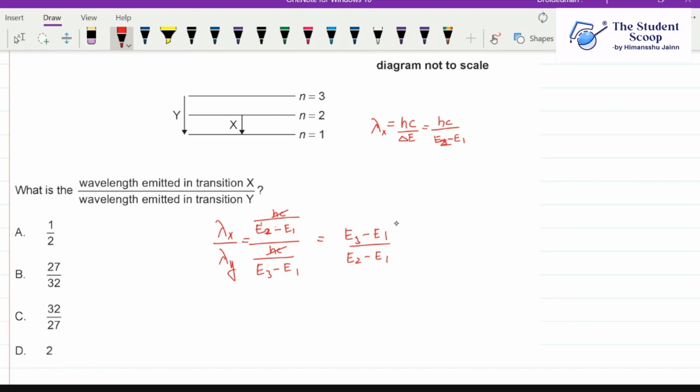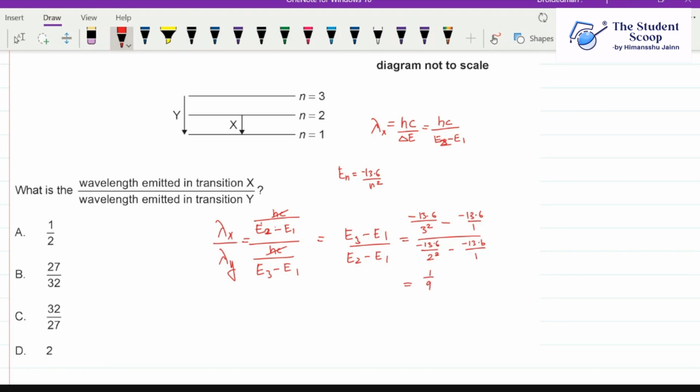Now we probably don't know the value of E3, but this is for the hydrogen atom, so we can write negative 13.6 upon 3 square. The formula is nth energy is equal to negative 13.6 upon n square. So we will substitute that here, and we will get a similar looking equation. Since negative 13.6 is common in all the terms, we can cancel it out.